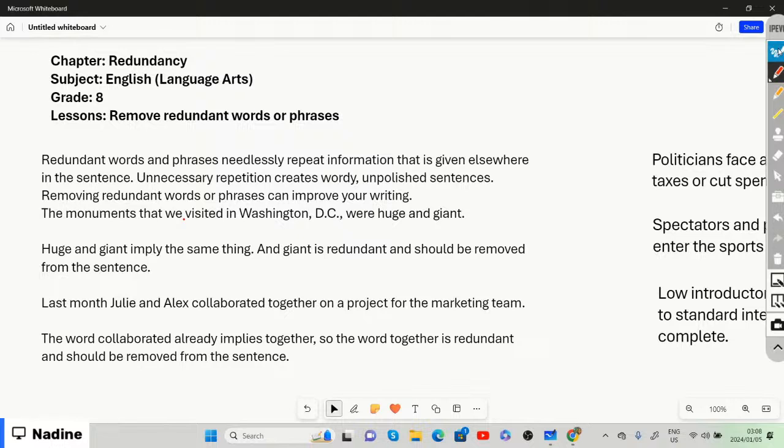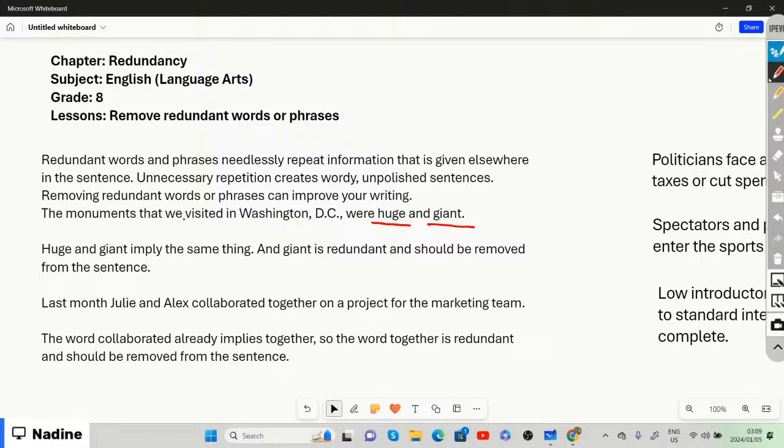For example, right, the monuments that we visited in Washington D.C. were huge and giant. Basically, huge and giant imply the same thing, right? Huge is a synonym of giant, or giant is a synonym of huge.